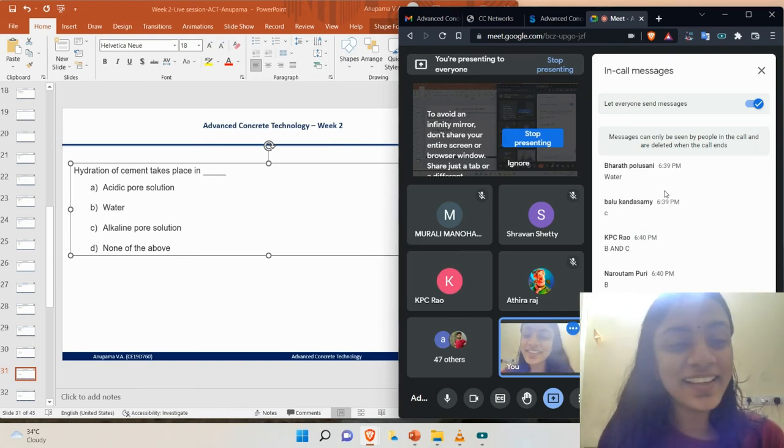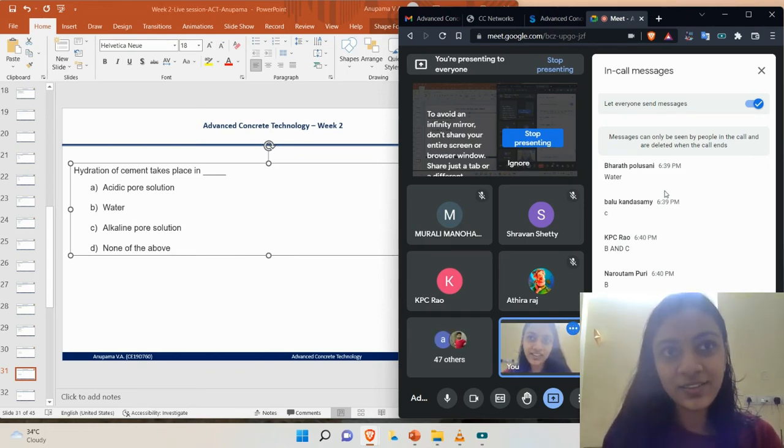But okay, the correct answer is just C, alkaline pore solution. Because for the hydration to happen, the particles initially dissolve. So the surface alkalis dissolve and the pore solution becomes very alkaline. So the hydration happens in the alkaline pore solution and not in water.